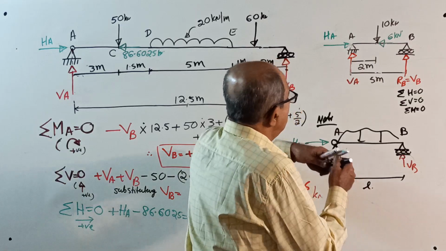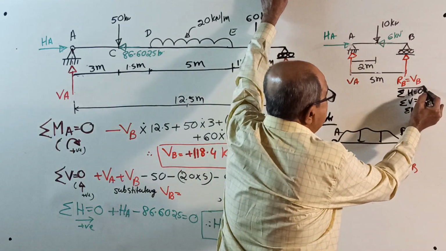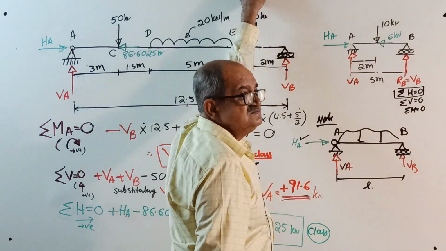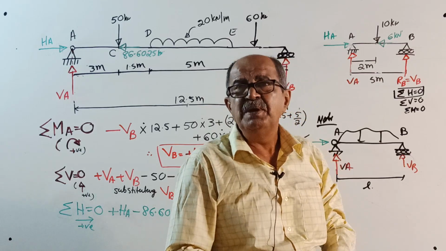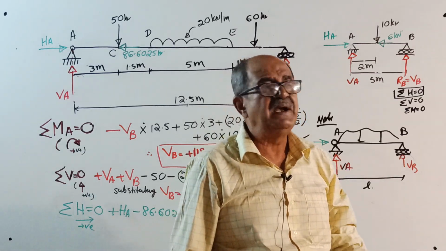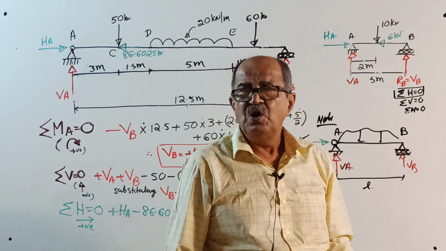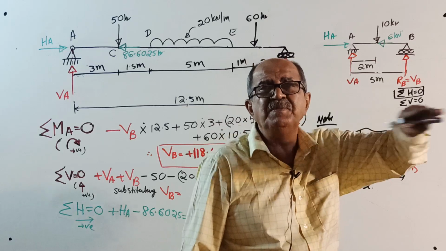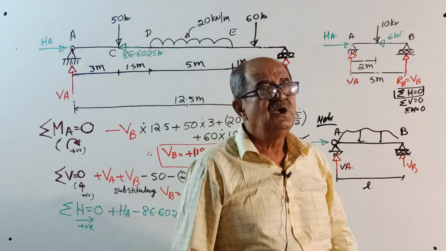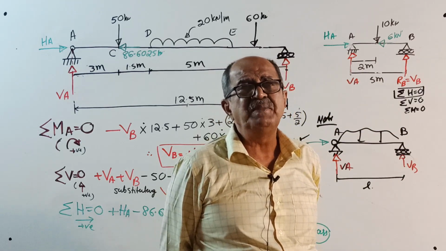Now, when you apply sigma H equal to 0, you will get the value of HA. But in almost every horizontal beam problem, horizontal reaction and horizontal forces will not come for shear force and bending moment.